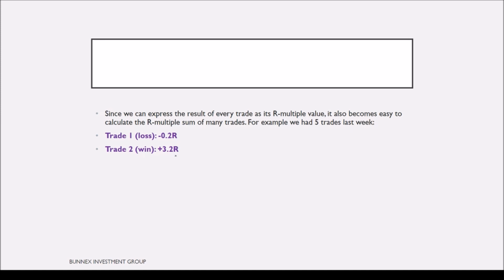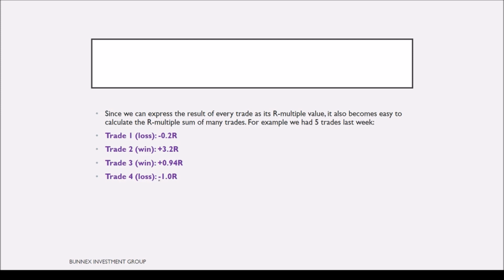It was a very good reward to risk ratio trade, whereby we had 3.2 multiplied by our initial risk. Then trade number 3 was a win, which we had plus 0.94R. It was a trade that hit our trailing stop, and we were stopped out on the profit side.